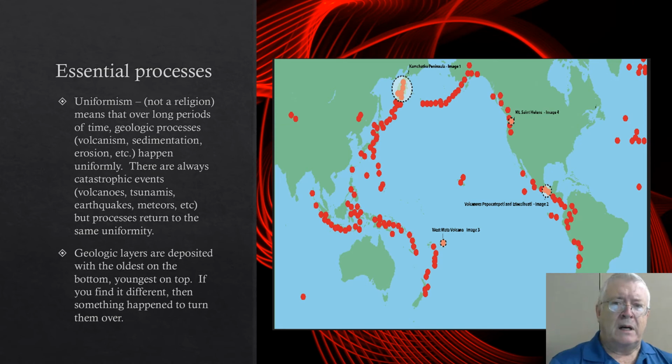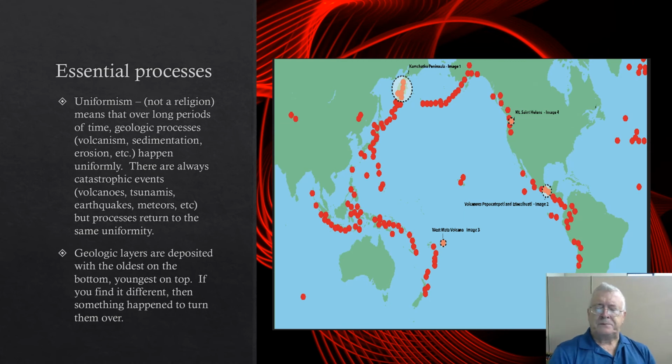Volcanoes tend to happen uniformly. We can see them here in this drawing. That's called the Ring of Fire, where volcanoes occur. You can see each one of those red dots is a volcano, and a lot of them occur around the geologic or continental plates, and that's why.